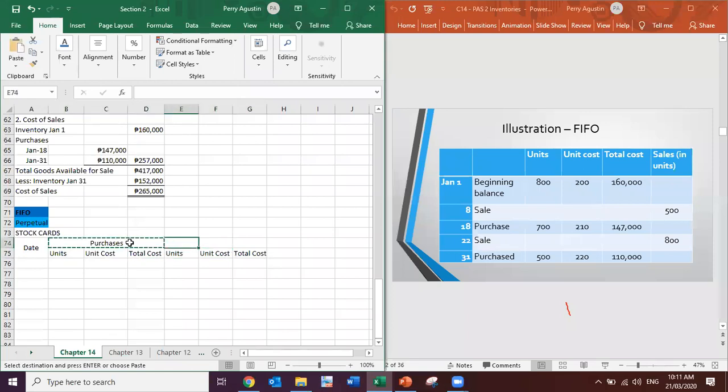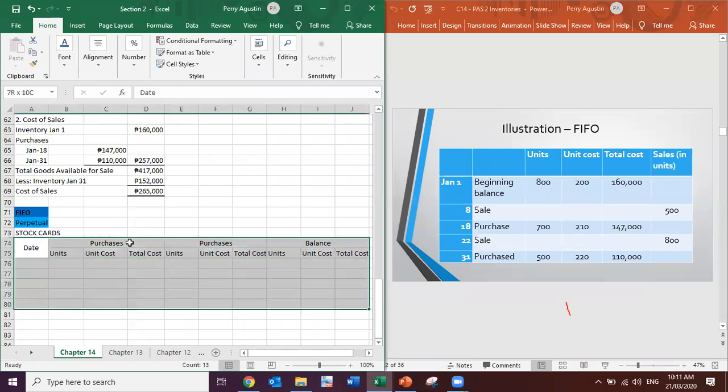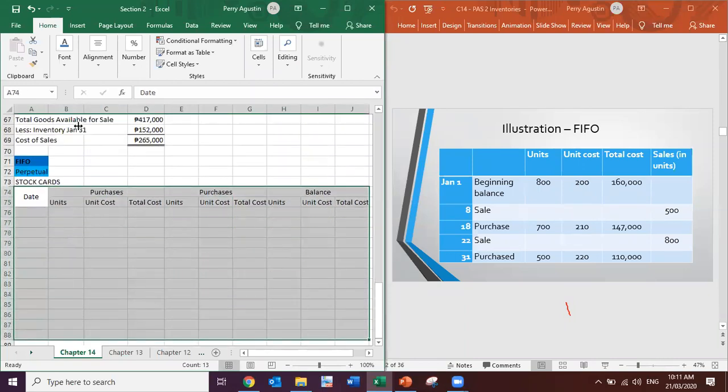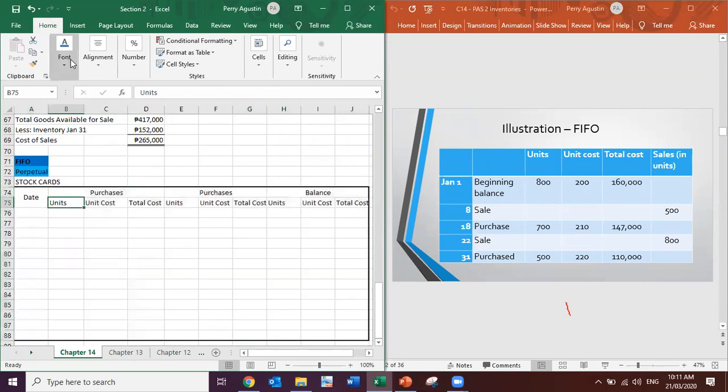But this is for your sales only. Then we have our running balance. So we have balance. So let me just divide this so that it will be easier for you to understand. There you go.